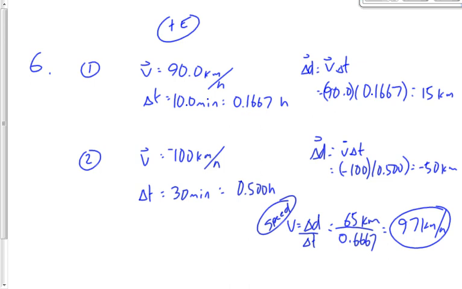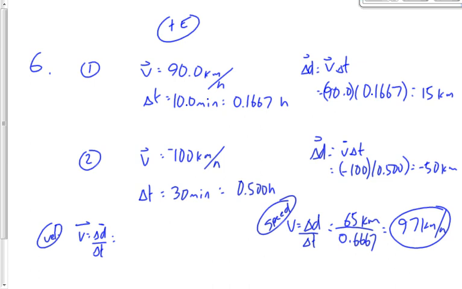65 kilometers because distance is a scalar. It doesn't matter whether we get east and west or east and east. But when we go to do velocity, it does matter. For velocity, we need displacement over the time. And the displacement here would be what? 15 kilometers to the east, 50 kilometers to the west. The displacement is what?